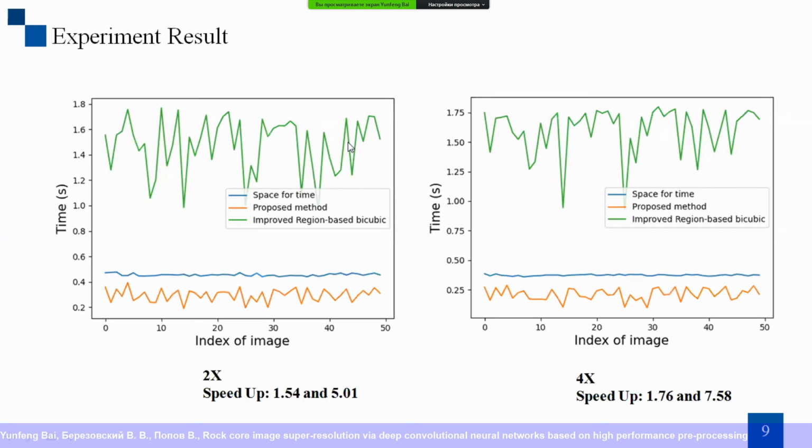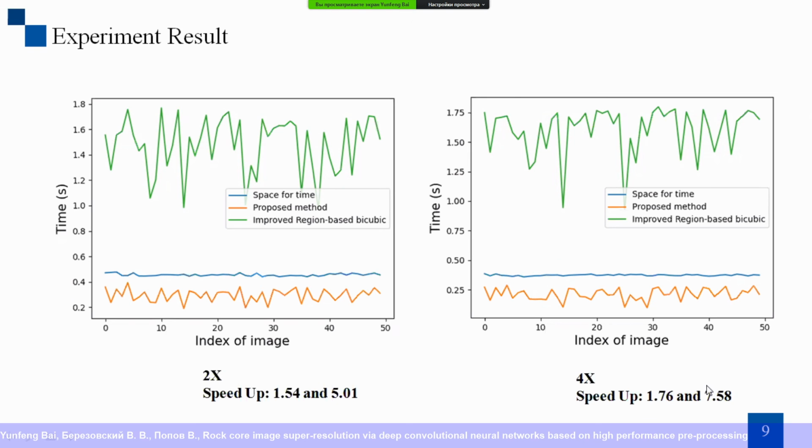This is the first algorithm we have talked about, and we found that our algorithm is the fastest. And when the factor is 4, we also found our algorithm is fastest, and the speed up when the magnification factor is 2 is 1.54, and compared with this one, the speed up is 5.01.